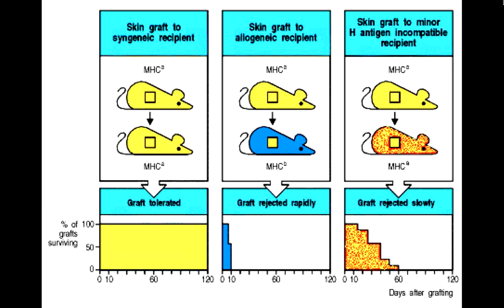And if you see, the graft gets rejected very rapidly if you have the response to MHC, whereas in case of minor histocompatibility antigens, the response is slow and the graft is rejected very slowly and can be managed easily by using certain other therapies.